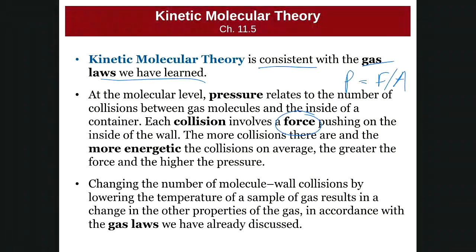So when we change the number of molecules, or lower the temperature, the molecules are moving less quickly, and they have a lower average kinetic energy. They hit the wall less often because they are moving slower, and they hit the wall with less force because they have a lower energy. So lowering the temperature lowers the pressure.